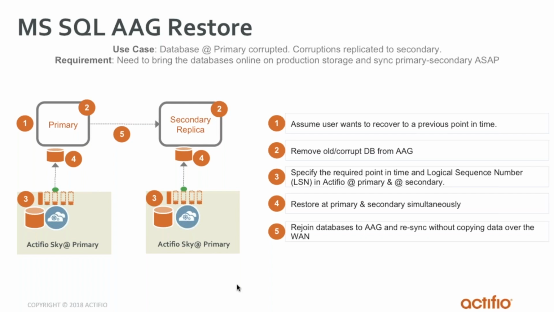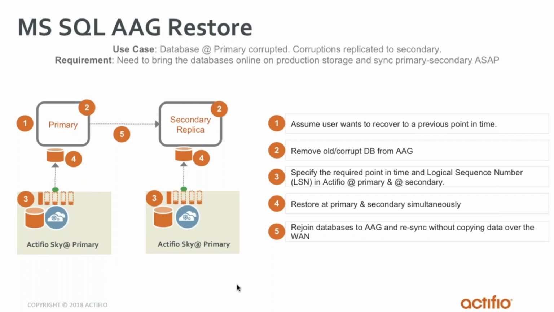What I have seen a lot of customers struggling with is, when they're starting to use availability groups and then they have to do a restore, how long do they have to wait to copy the data over the WAN to do that restore? Here, we're giving customers the ability to avoid that completely by doing local restores in each data center from the local copy: one is the site where it was backed up, the secondary, and one is the site where it was replicated to, the primary.